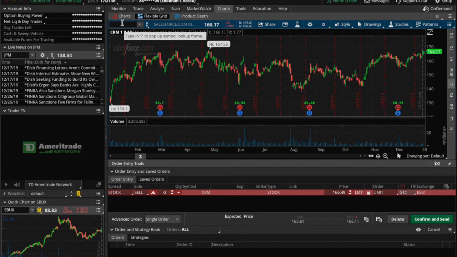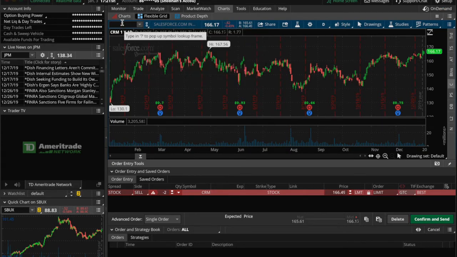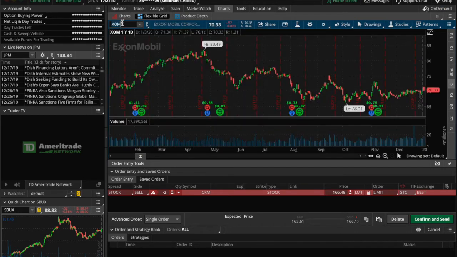We'll use ExxonMobil for this one. I do want to expose you guys to a variety of stocks. ExxonMobil, natural gas company, and pretty much what shorting is, it's complicated, but I'll try to explain it here. The price right now is $70.33, and I think that ExxonMobil is going to drop because something went wrong in its corporation.